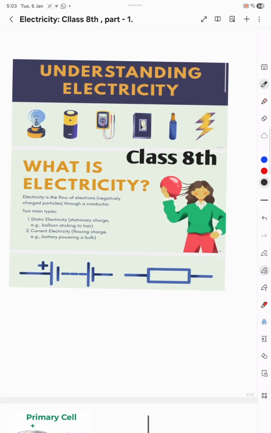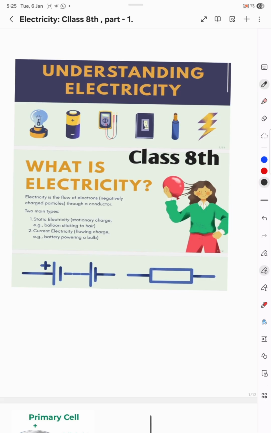So, what is electricity? In general, we can say electricity is a form of energy which drives all the machines, appliances around us. Now, where do we get this electricity from?